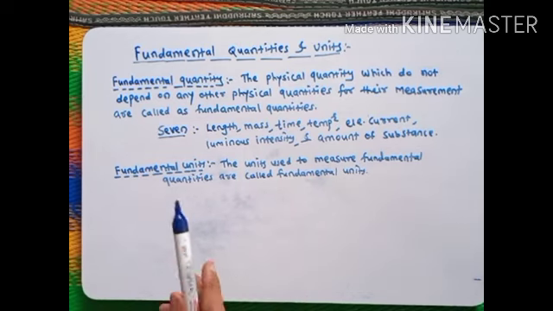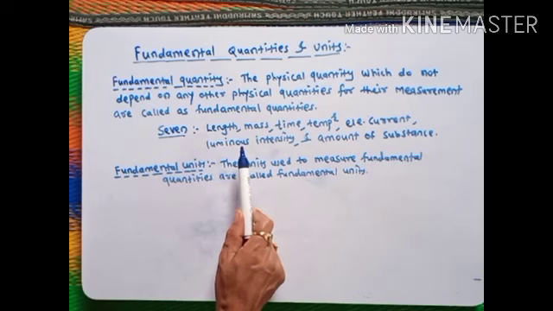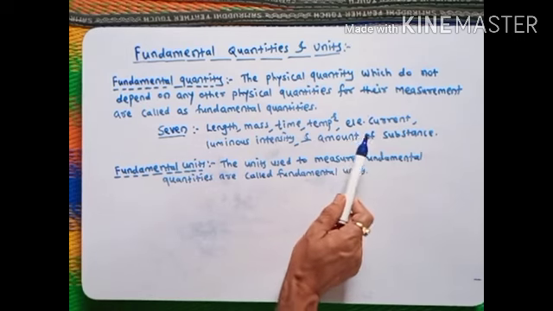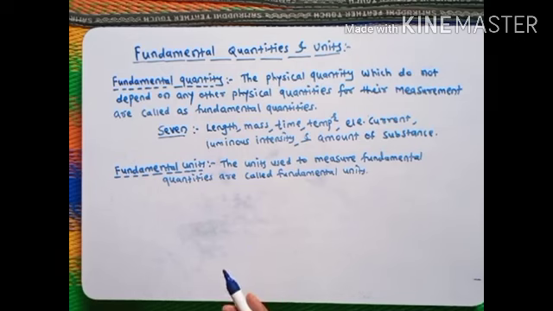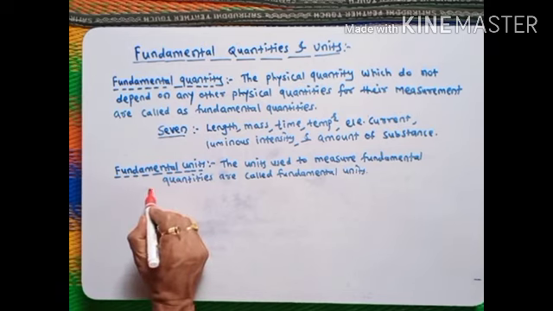Now we have considered seven physical quantities: length, mass, time, temperature, electric current, luminous intensity, and amount of substance. Now we will see what its units are. Suppose we consider a table.